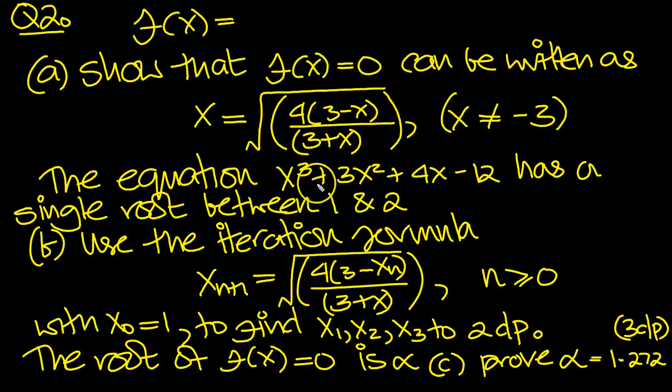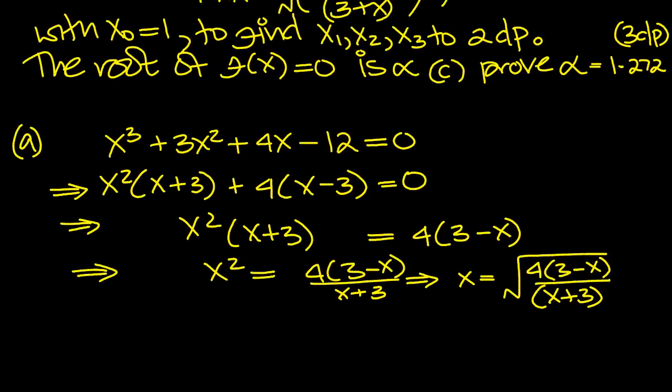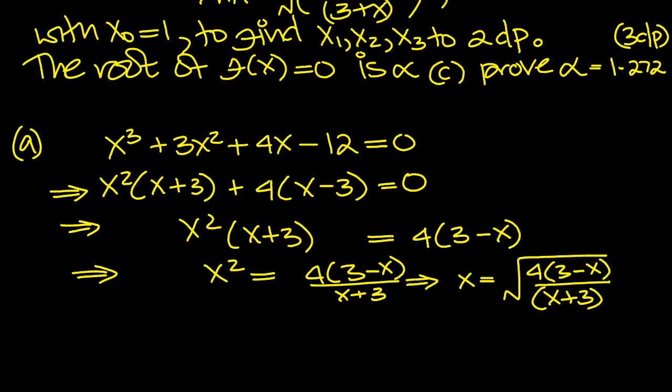Okay, the equation here has a single root between 1 and 2. Use the iteration formula, so we've got this formula here, with x0 equals 1 to find x1, x2, x3 to 2dp. Okay, so this is part B now then.